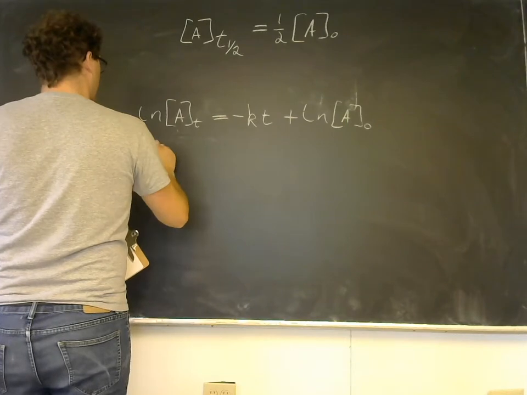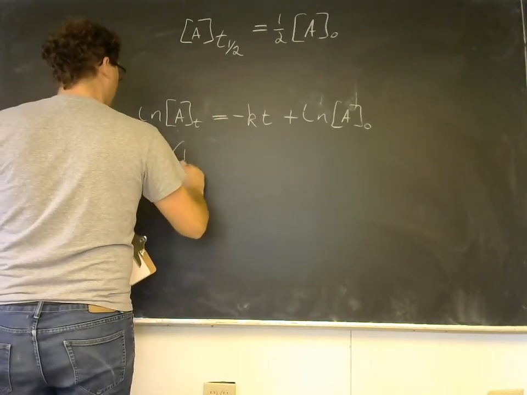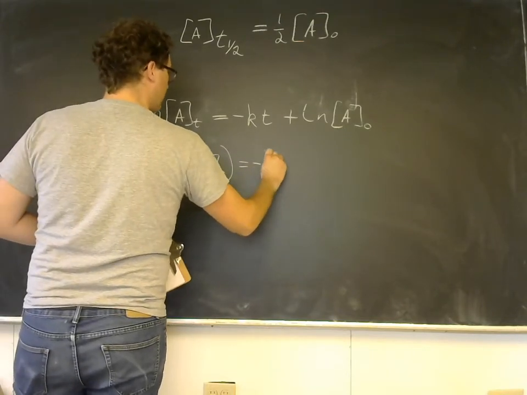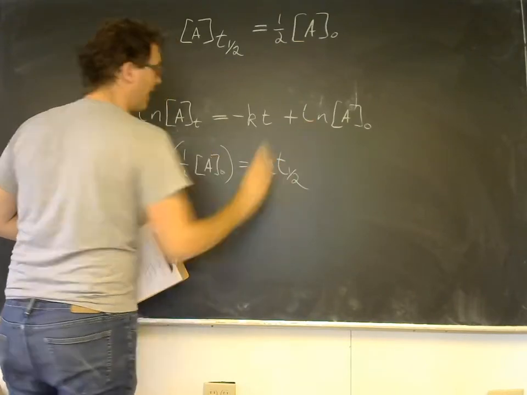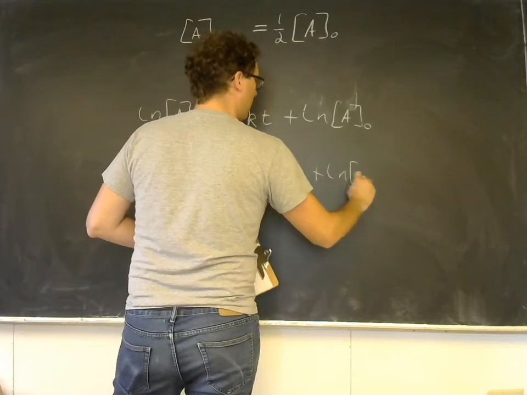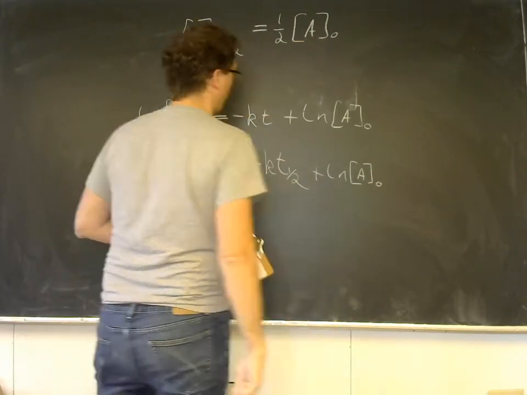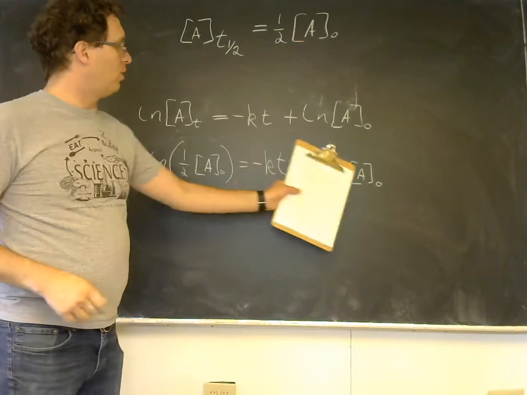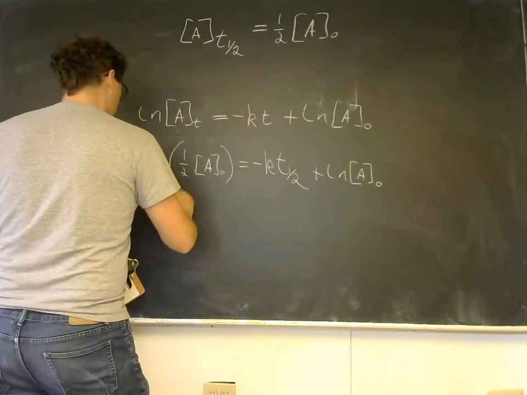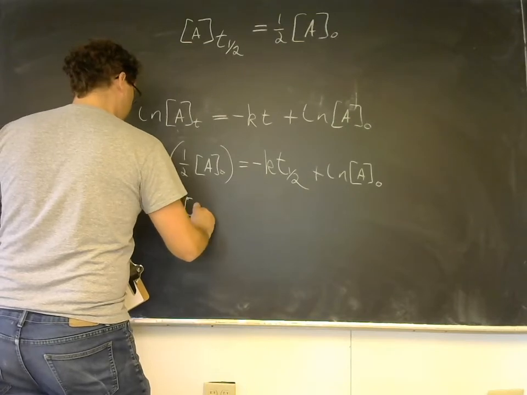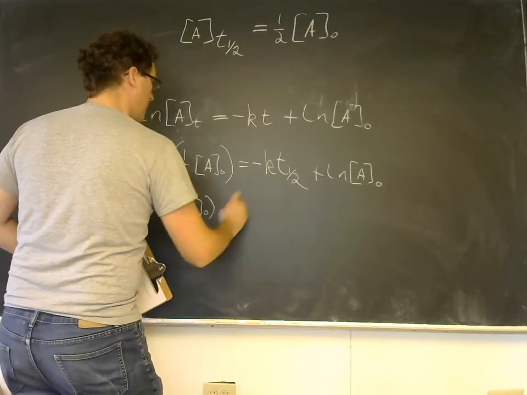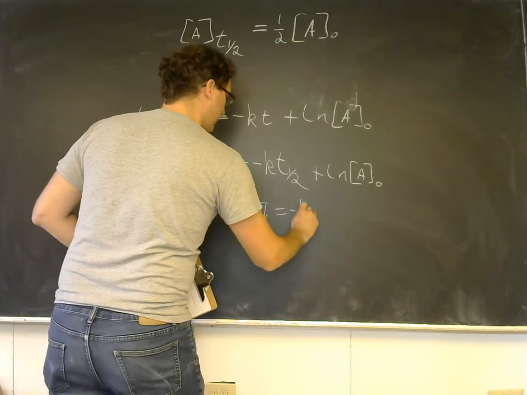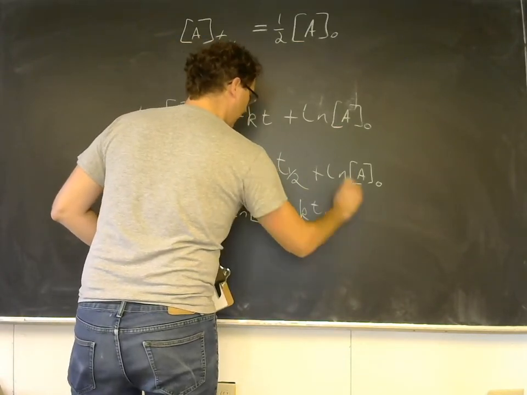So we'll have the natural log of 1/2 A naught is equal to negative k t1/2 plus the natural log of A naught. Now we can combine these natural logs. If I have the natural log of 1/2 A naught minus the natural log of A naught equal to negative k times t1/2.